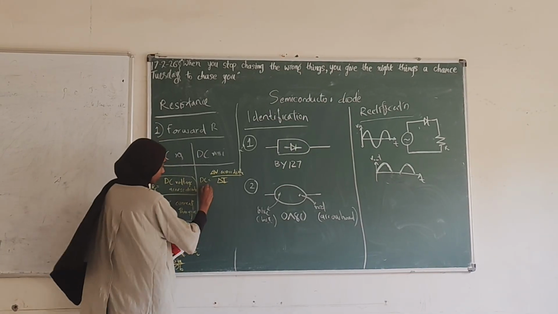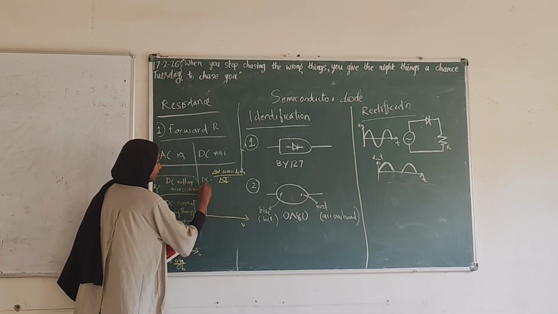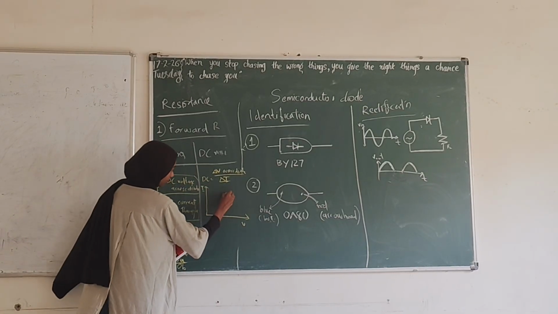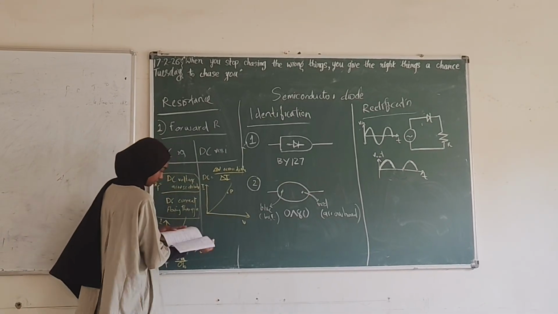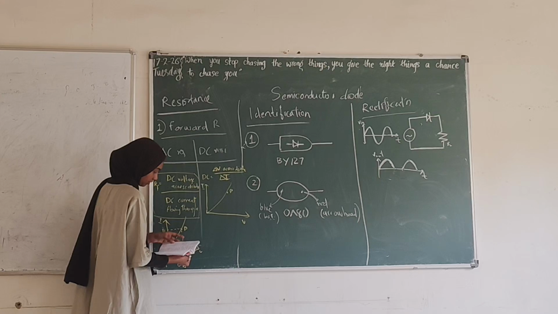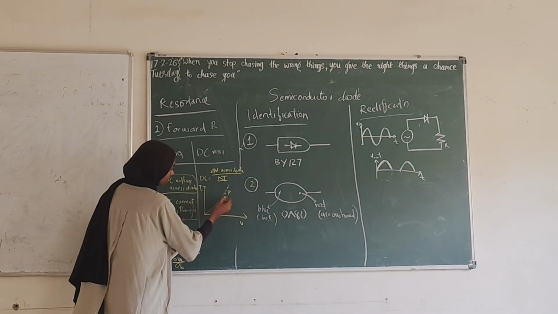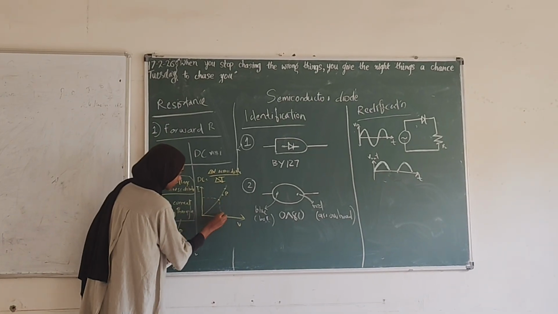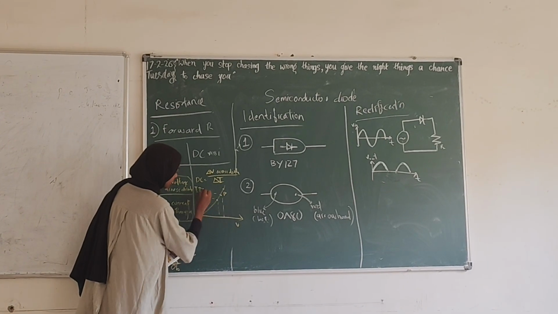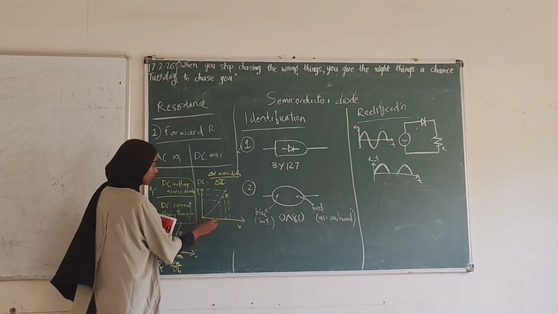To explain this using a graph, we have to take an operating point P and two other points near the operating point, and the corresponding voltage and current is here.